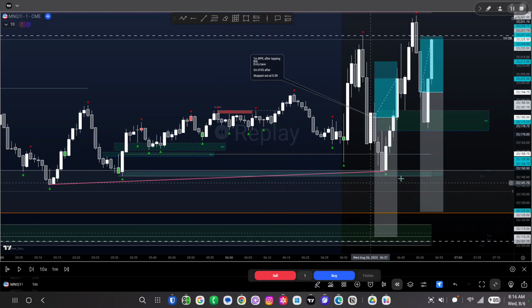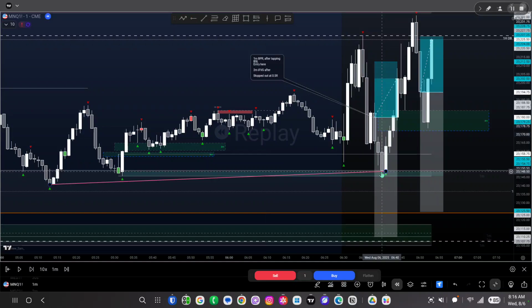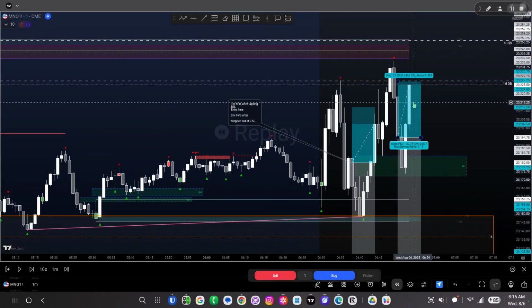What I should have done is taken this here as a sign. Here, there's a breaker structure here. I should have done my 50% to come down here, come back up, or perhaps maybe I could have entered up here, but that would have been a bad risk to reward.